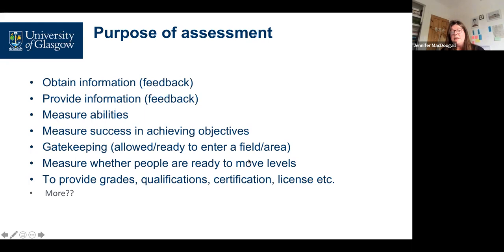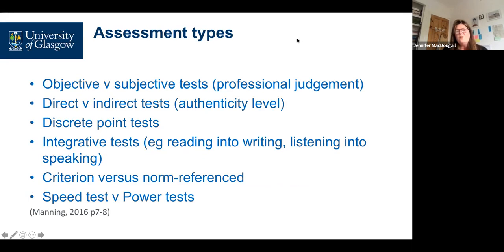Okay, so different types of assessments. Oh, this is still about what people assess rather than why they assess. Okay, and then of course we have lots of different types of assessment, and we have this maybe double-sided thing of whether an assessment is objective, i.e. there is a specific answer, or whether it's subjective and it relies on us as assessors to have some kind of professional judgment.